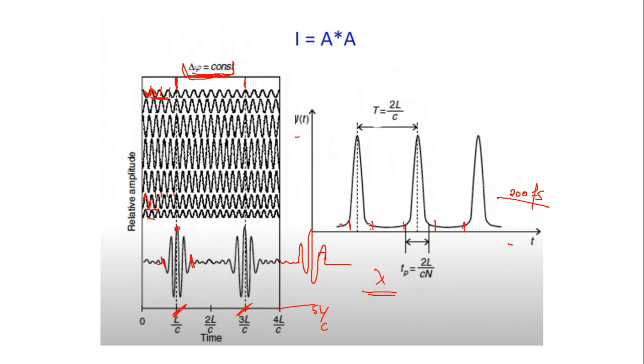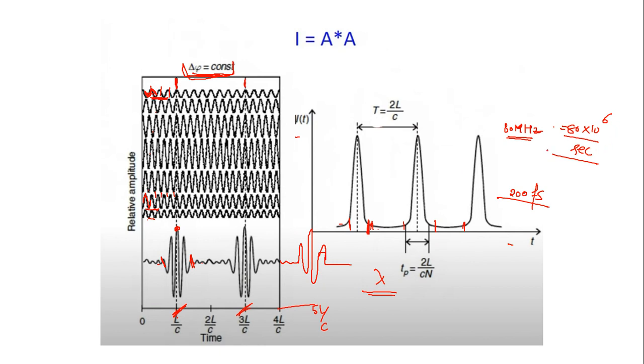It lives for this particular time of 200 femtoseconds, and it repeats itself at, you can say, 80 megahertz if it has that frequency. So you can say 80 into 10 to the power 6 per second. This will be the repetition rate. So in 1 second it will be repeated this many times.